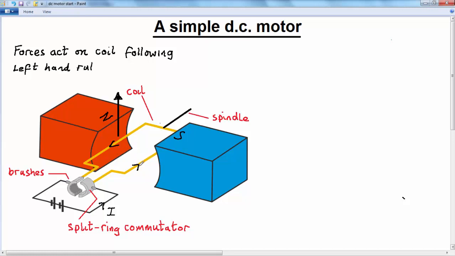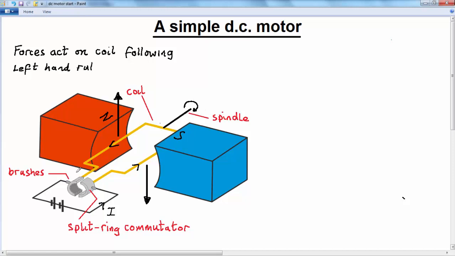All that's changed is the direction of the current. That's now going this way, so the force will act in the opposite way. That will push downwards. So because the coil is fixed to a spindle, as a result of these two forces acting, the coil will start to rotate, in this case in a clockwise direction.